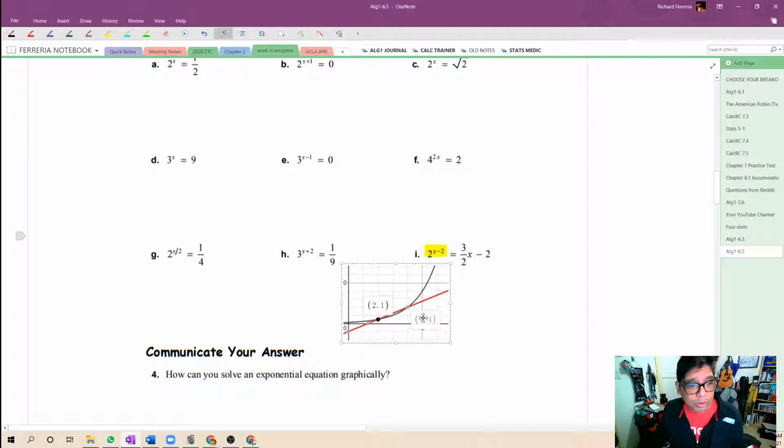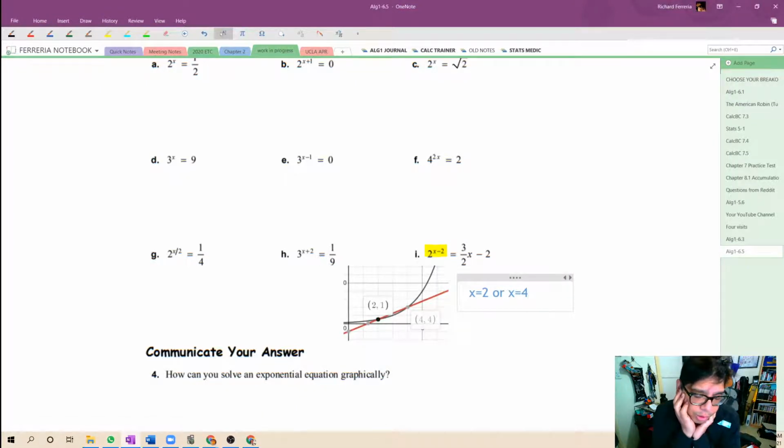So we've got two solutions: x equals 2 or x equals 4. And this is something that you can do as an Algebra 1 student that even my calculus students can't solve very well. So, knowledge for you. You can solve exponential equations. You can solve practically any equation graphically.